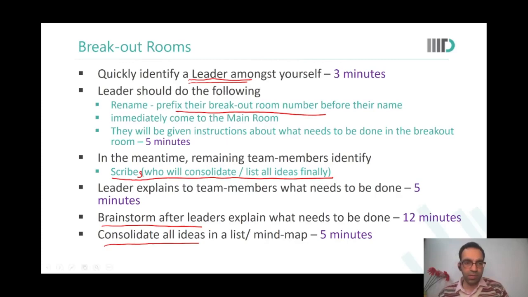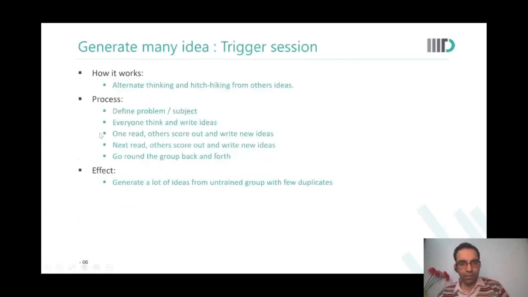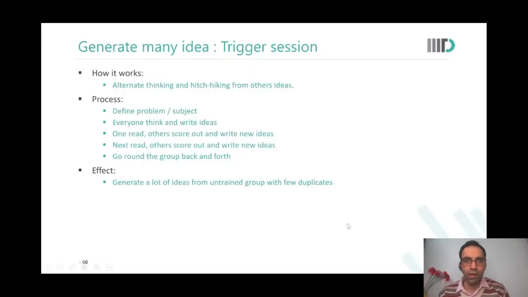My PPT has got stuck. आ गया. Sorry. Okay, so rooms which have more than 6 people, you use the technique called trigger session. Now, the problem statement that all of you have to solve is: identify as many uses of AI and machine learning for social good.